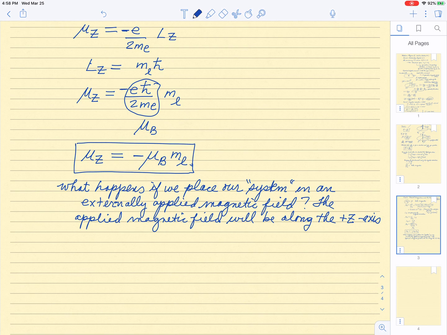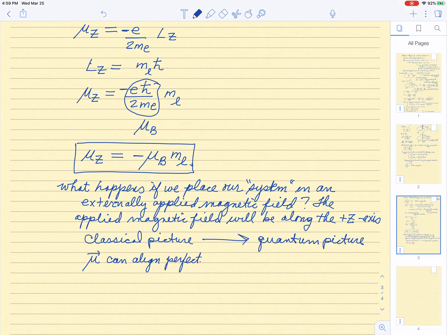So what happens now is we move from the classical picture to the quantum picture. And we spent some time talking about this in class. So in the classical picture, mu can align perfectly with the magnetic field.